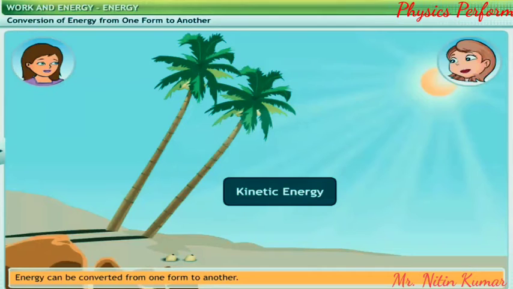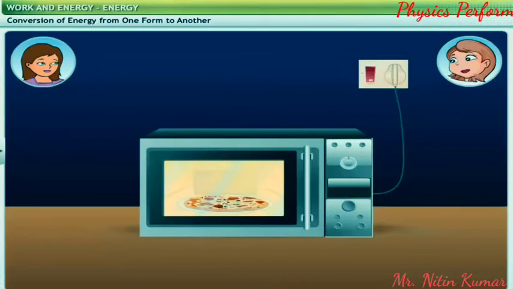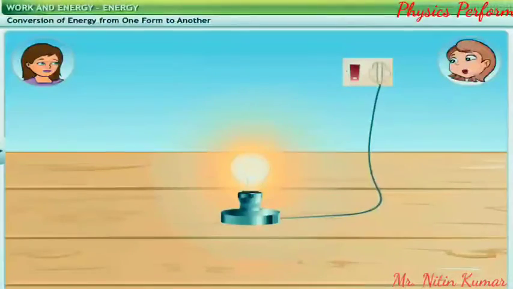In fact, conversion of energy from one form to another is a very common phenomenon observed in our daily life. For example, in a microwave oven, the electrical energy is converted into thermal or heat energy. This heat produced in the oven enables us to bake food in the oven.